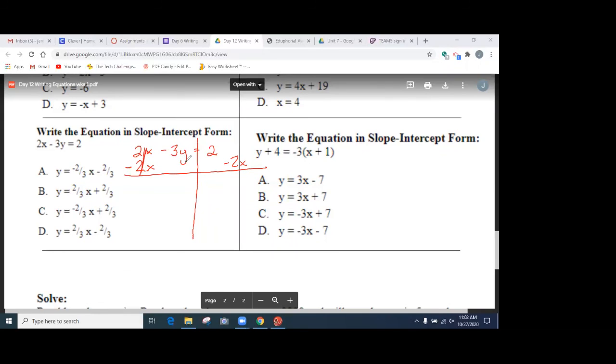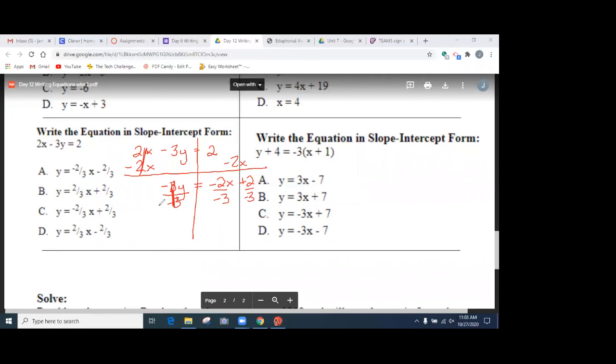Now, the number one mistake is forgetting the sign. So it's not just 3, it's negative 3. So negative 3y is equal to, do you ever combine these right here? No, never, ever, ever combine these. We do like to put the x up front though. So minus 2x, then that's a positive 2. All right, so now the next step is to divide everything by negative 3.